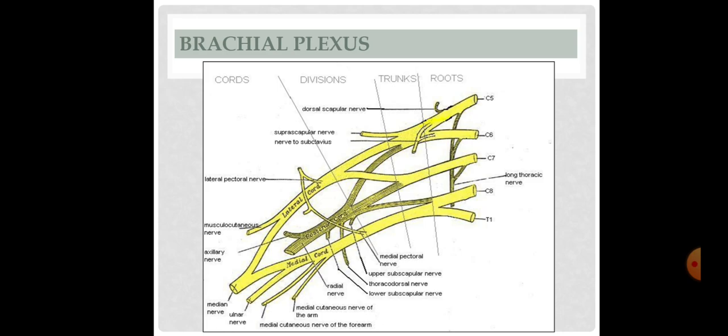A means axillary nerve, R means radial nerve. Here the root values of the radial nerve and median nerve are the same. Both these nerves get contributions from all five nerve roots, so the root value of the radial and median nerves will be C5, 6, 7, 8 and T1. Okay, next slide.